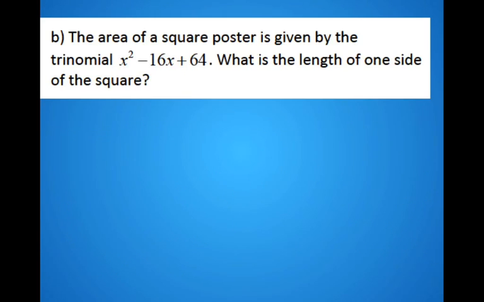Let's see if this next one is any harder. No, looks the same. This one's a square though, but same process. X squared minus 16x plus 64. And so we have the 64 here, and we have the -16 there. So we're looking for two numbers that multiply to be 64 and add up to be -16.